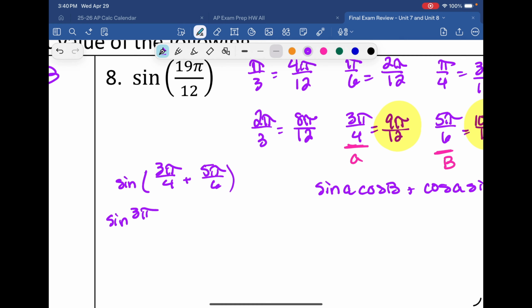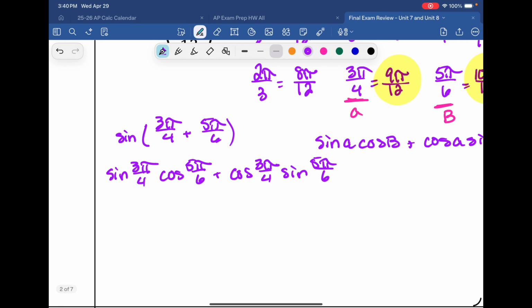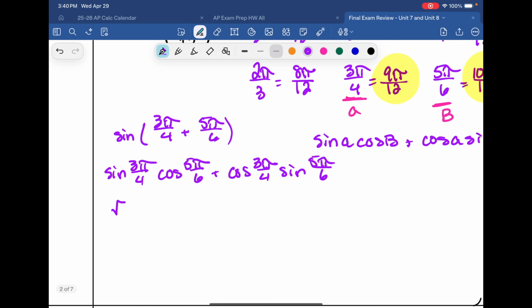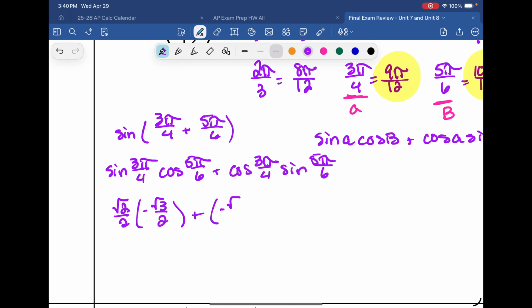So at this point, I'm just plugging in. Sine of 3 pi over 4 is positive root 2 over 2. Cosine 5 pi over 6 is negative root 3 over 2. Cosine 3 pi over 4 is negative root 2 over 2. And sine 5 pi over 6 is 1/2.